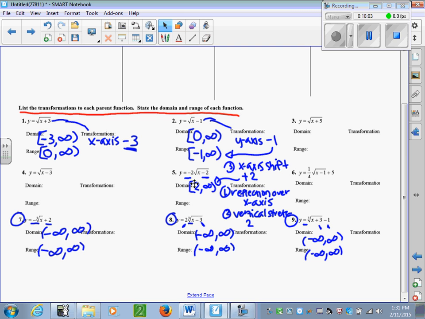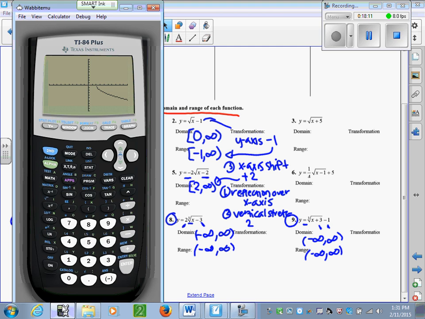Now the range is where it gets a little tricky when I have a reflection, because it flips the graph over. So if I look back at this graph, this graph does not go above what value? This line stops at about -1.